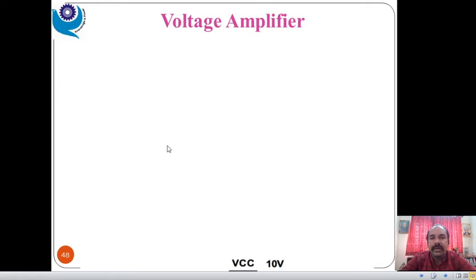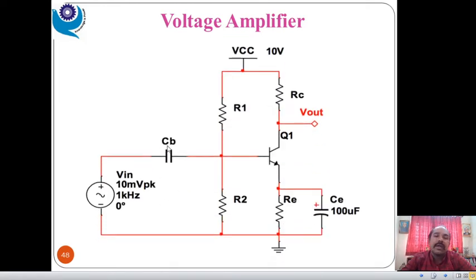So what exactly is an amplifier? An amplifier is an electronic circuit which increases the strength of a weak signal. Basically we are dealing with n number of sensors: distance sensors, temperature sensors, weather sensors, etc. A sensor, or transducer, converts one form of energy into another form of energy.